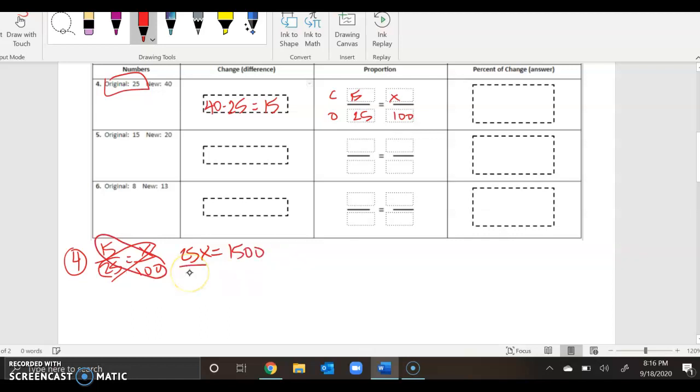To get x by itself, we will divide both sides by 25. Top number goes in, bottom number goes out. 25 will not go into 1 or 15, but it will go into 150 6 times. Subtract, go down, bring it back up. So this one is percent.